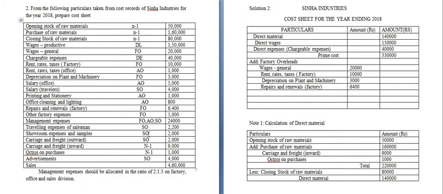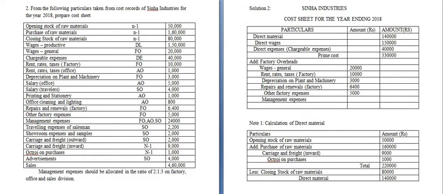Next, after repairs and renewals, other factory expenses. Other factory expenses amount is 5,000. Now next, management expenses. For management expenses there is an adjustment, because this amount has to be distributed to all the overheads, right?